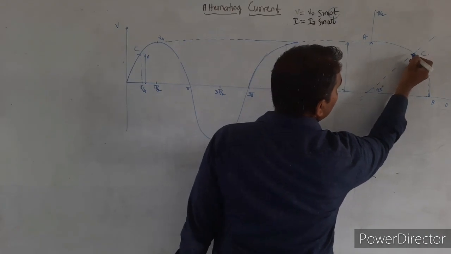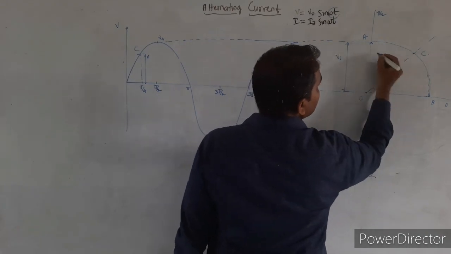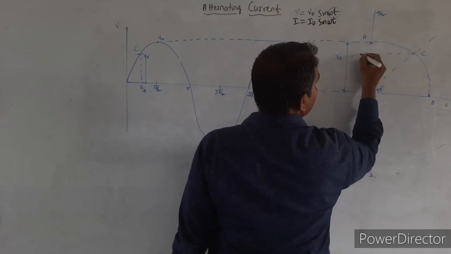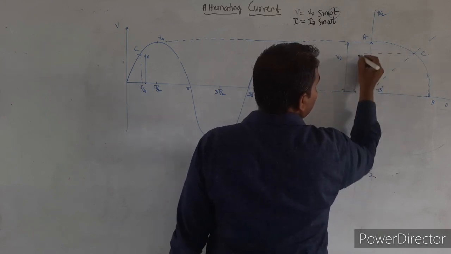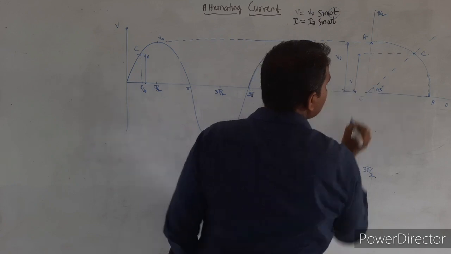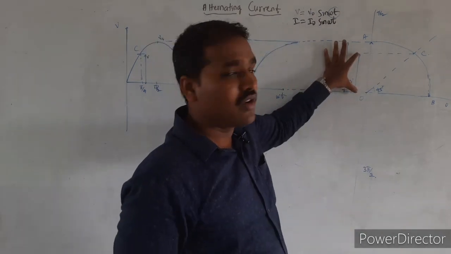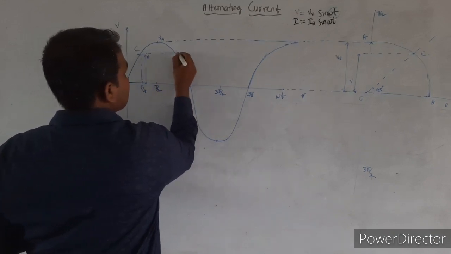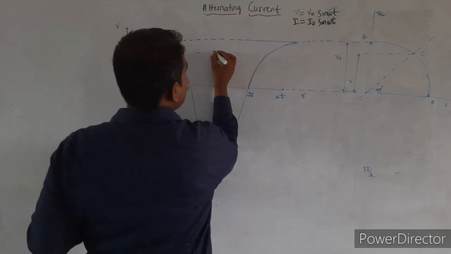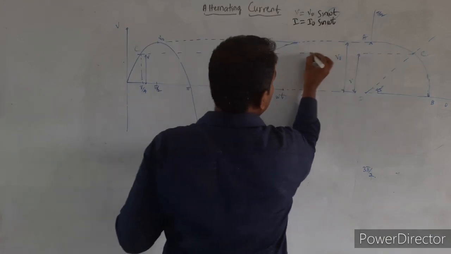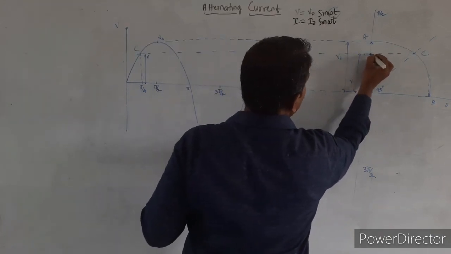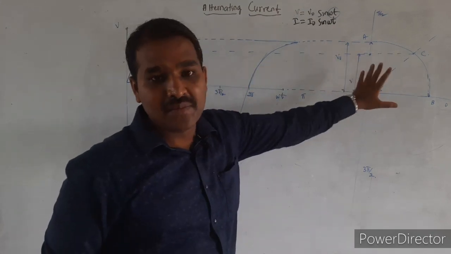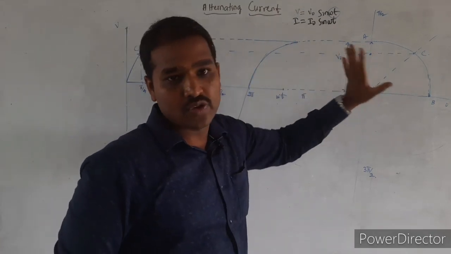This C, I will project on this vertical axis, and whatever height I get will give me the instantaneous value of voltage. And if I project this point C, it will be coinciding with the same line here, right? So that will also coincide with the same point. So both these represent the same variation of the voltage.